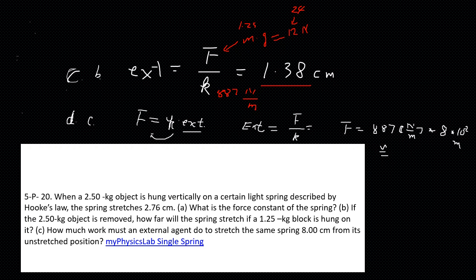So I do the approximate calculation. This is roughly 900, and this roughly 8. So 9 times 8, 56.